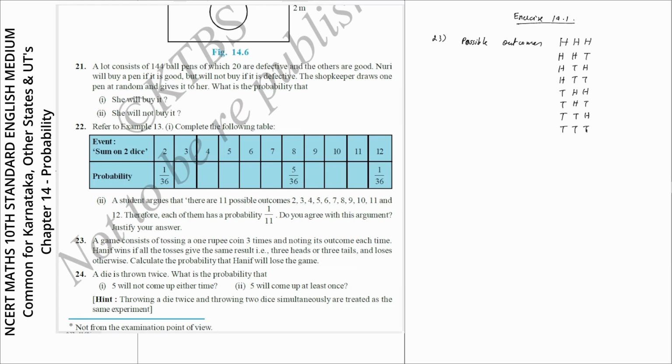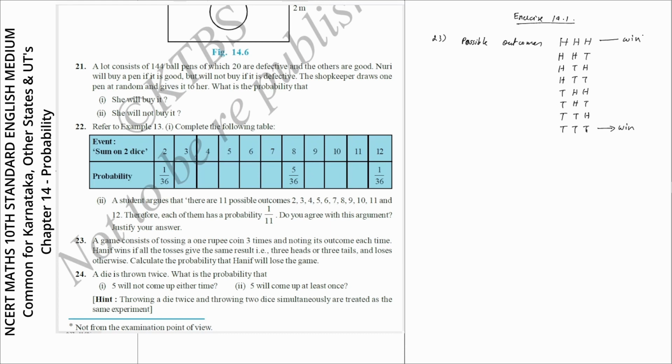Hanif will win, but when? Only when the toss gives the same result, that is 3 heads or 3 tails. In these 2 cases only Hanif will win. In all the other cases Hanif will lose.